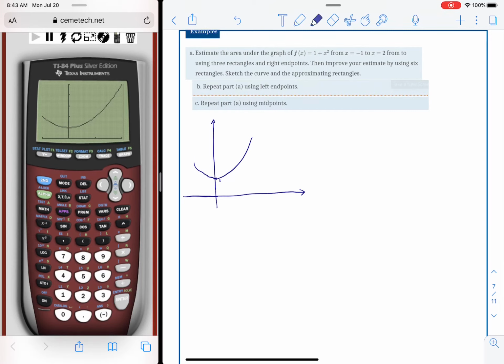Should have done it in one stroke, would have been better, but I'm going to try this time to get it right. That's good enough.